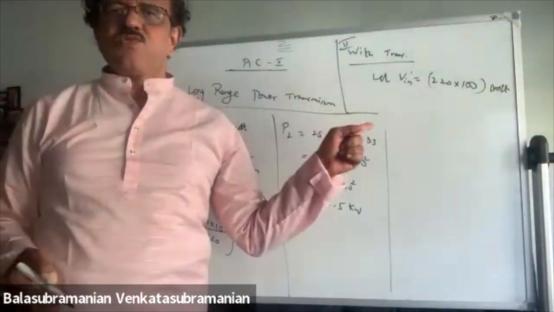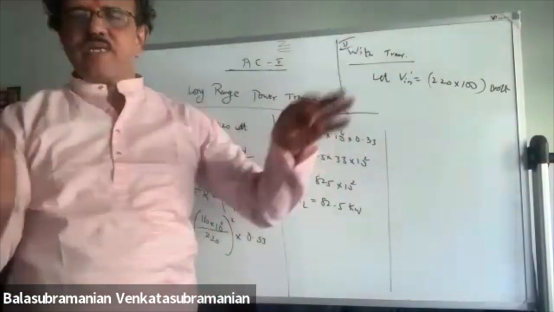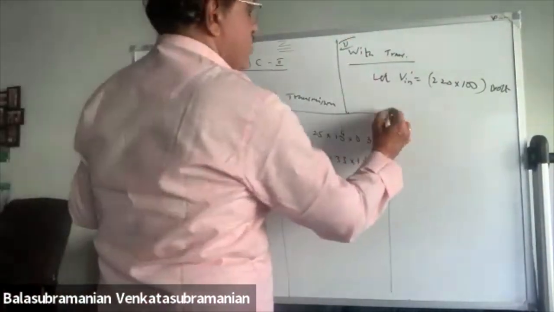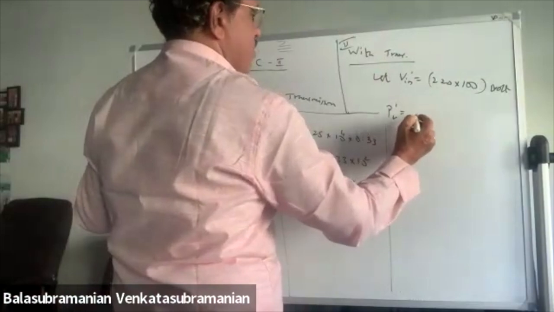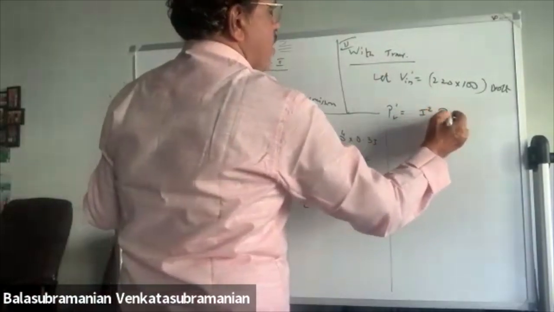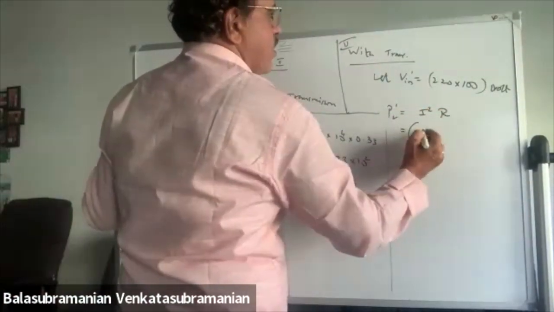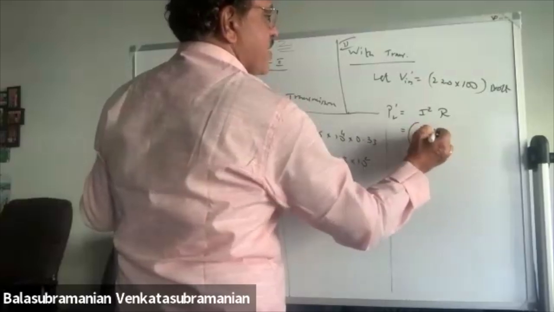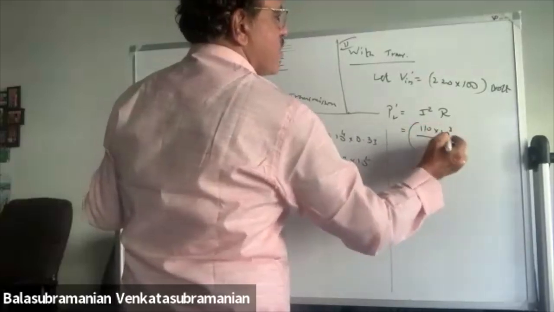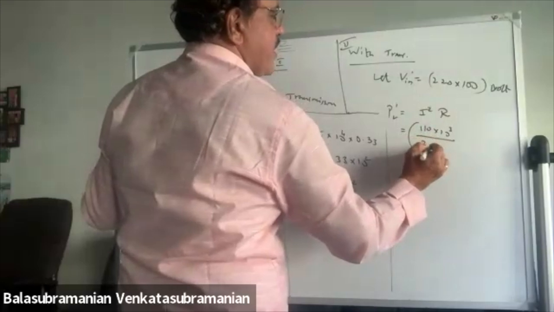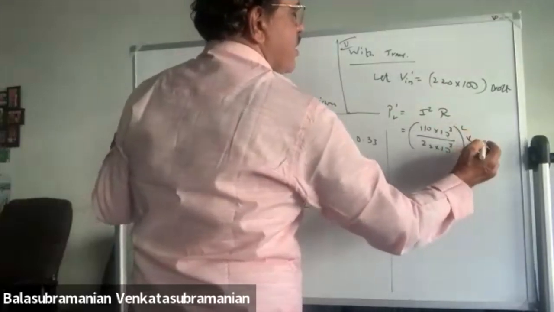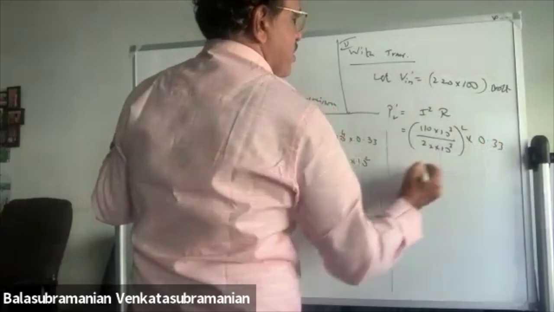Using a step-up transformer, it is multiplied 100 times. So the power loss, PL dash, is I square R, that is (110 kilowatts by voltage) 22 into 10 power 3 the whole square into R, 0.33.